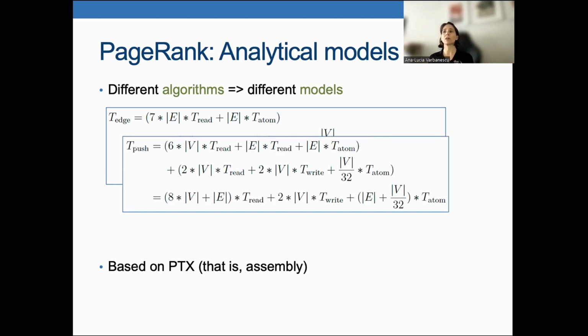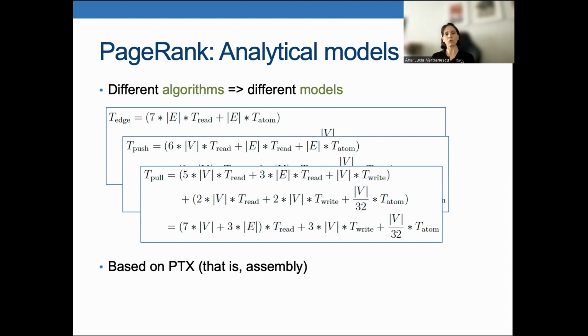So we extracted these models for the different types of algorithms, and we came up with something in this form. Please note that all these models are looking at a few parameters: the number of vertices, the number of edges, and then the cost for different operations, reads, writes, and atomics of different kinds. You also see this suspicious factor of 32.